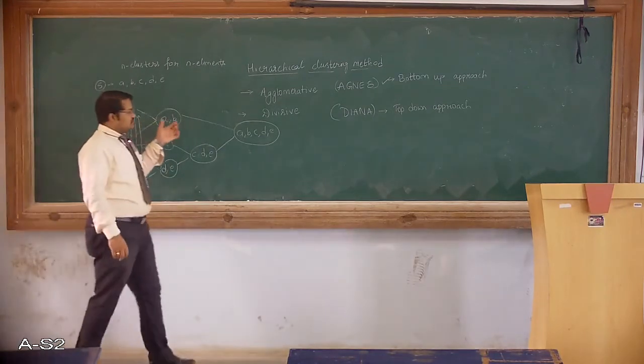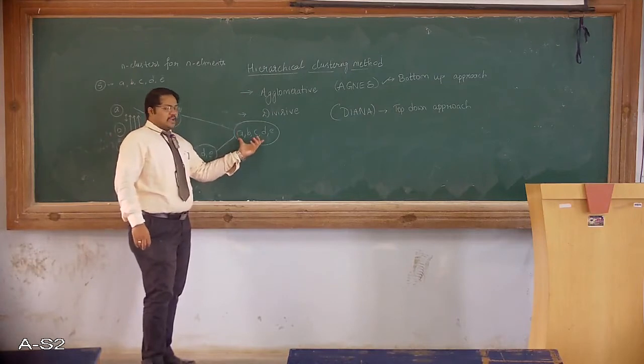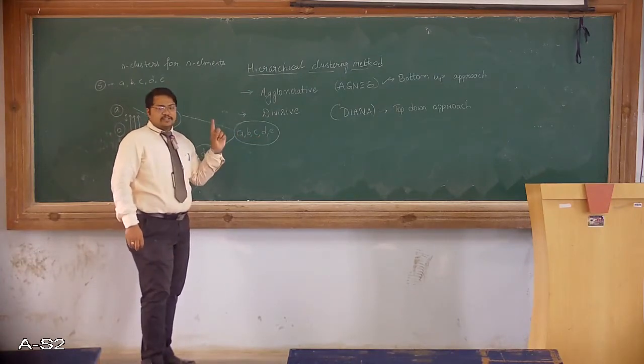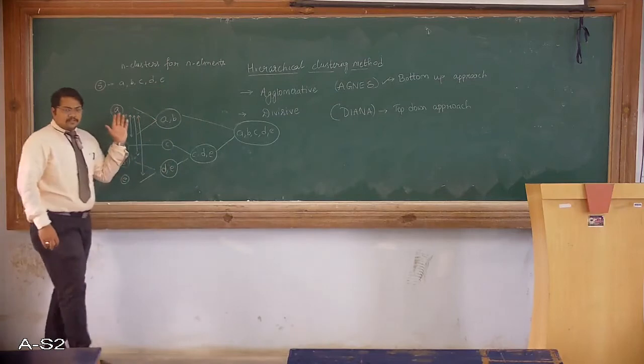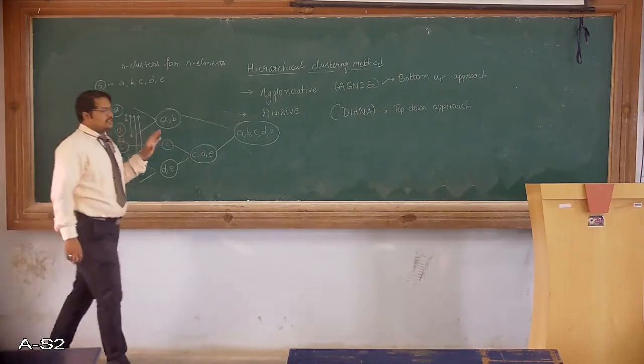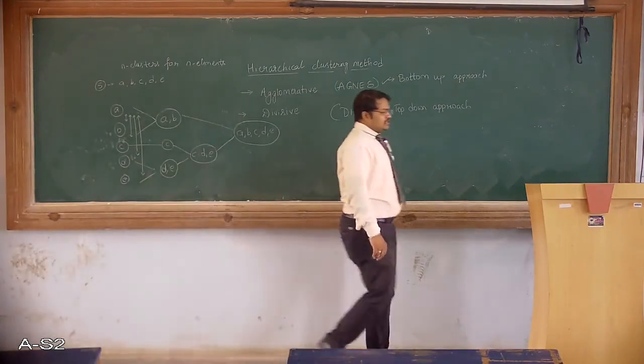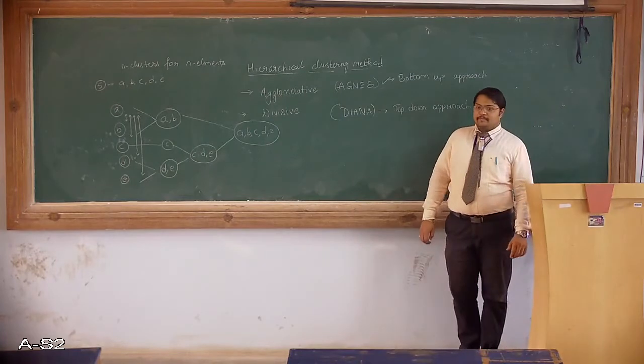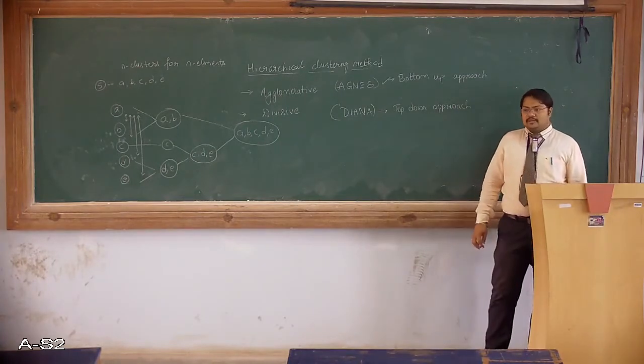In the last stage of agglomerative clustering, we have all the elements in a single cluster. Such hierarchical clustering methods we call agglomerative clustering.